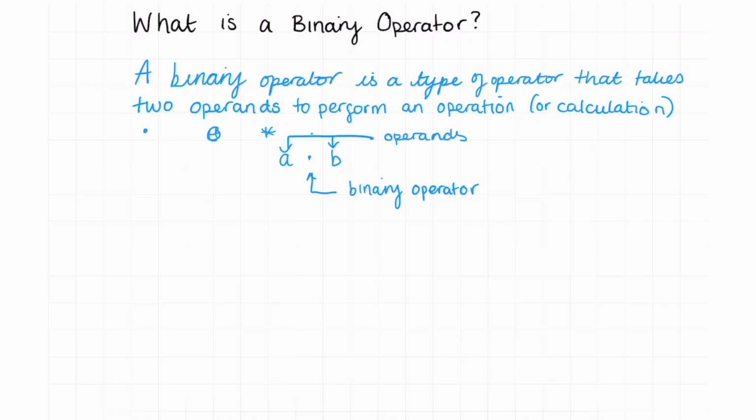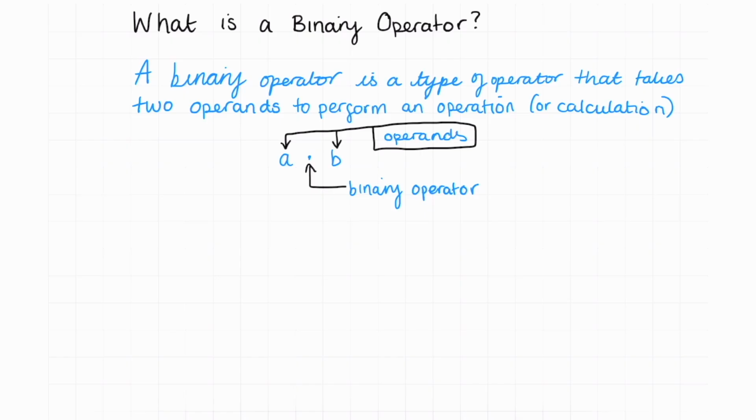Now, just to make this clearer, I'm going to remove these symbols up here. I'm actually going to make these arrows black just to make it a little bit clearer. These guys are the operands, the things being operated on, and this is the binary operator, the instructions for the calculation.